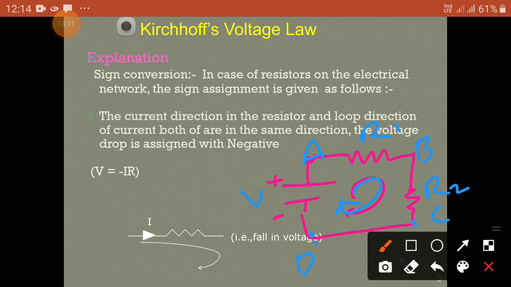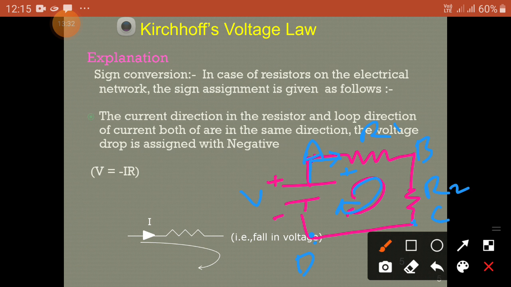Now what has happened? Before assuming the closed loop, you have to remember the direction of the current in a resistor. How are we going to find it? The current is coming in this direction and entering, and we take it in this direction.